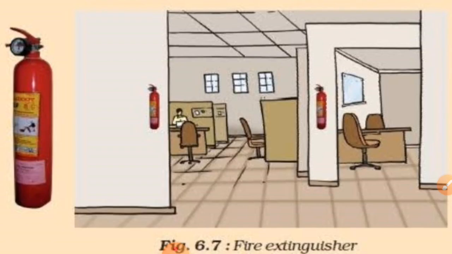Now fire extinguishers are used to control fire also. So what is a fire extinguisher and how does a fire extinguisher work? This is a fire extinguisher, and you can see it in your school and offices also. Fire extinguishers are devices used to put off fire.